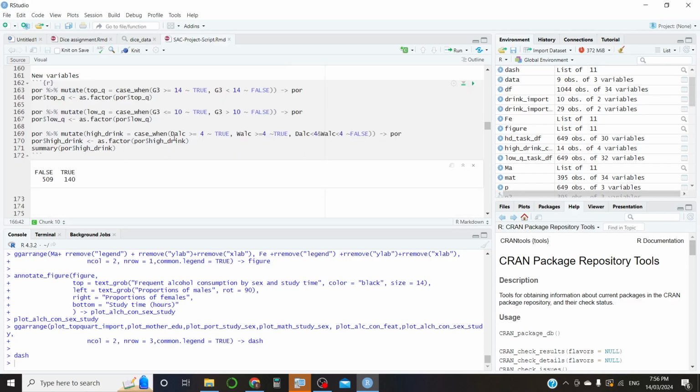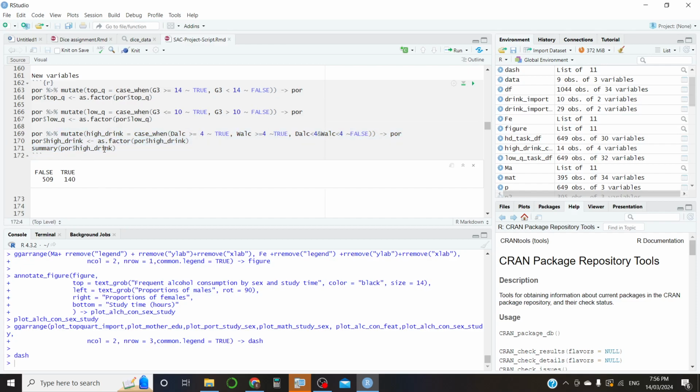And here's the one for the high drink, like frequent drinkers. On a scale of 1 to 5, if you scored 4 and above for drinking either during weekdays or weekends, so if either one was a 4 or 5, I put you in the category of frequent drinkers. So that created this new variable, frequent drinkers.